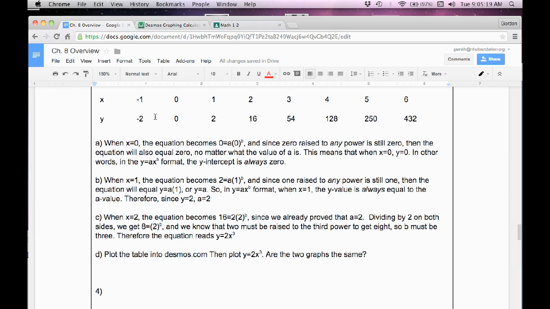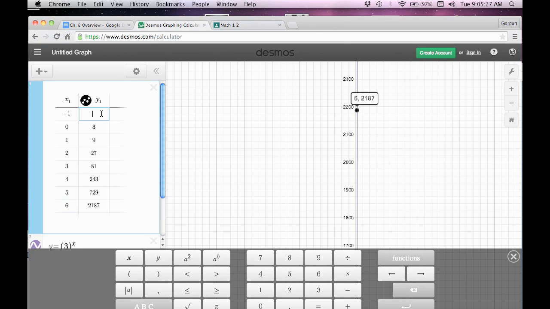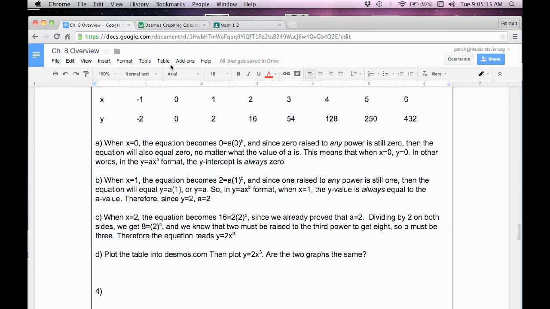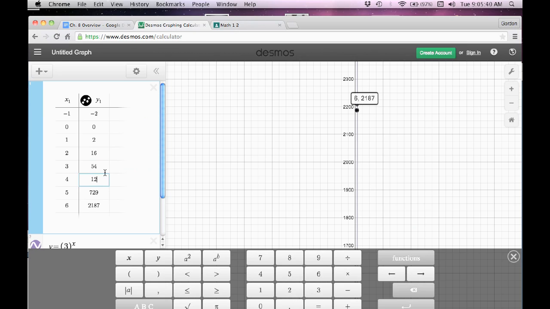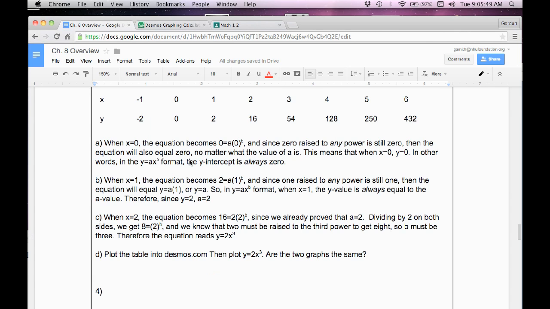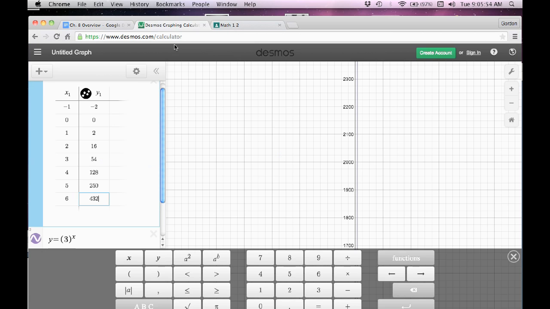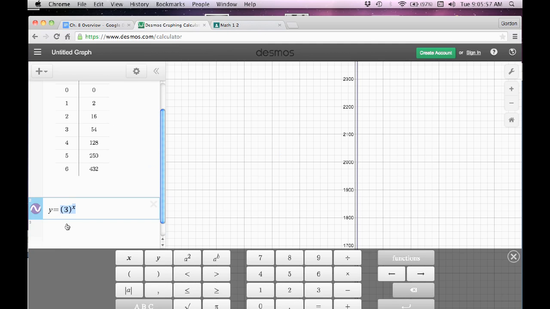And here we got y values negative 2, 0, 2, 16, 54, 128, 250, 432. And what we're saying is that it's going to be y equals 2x to the third. So let's take a look here.